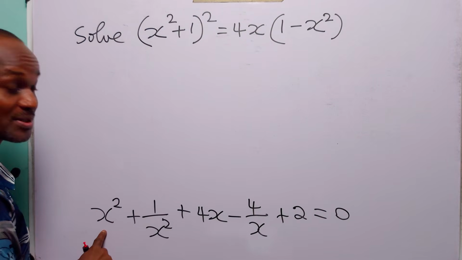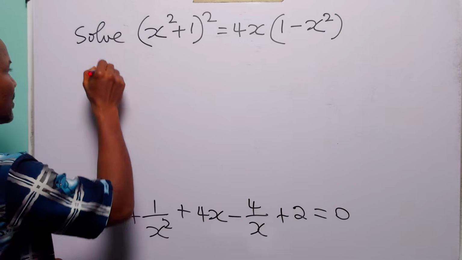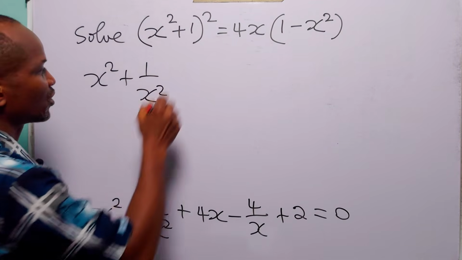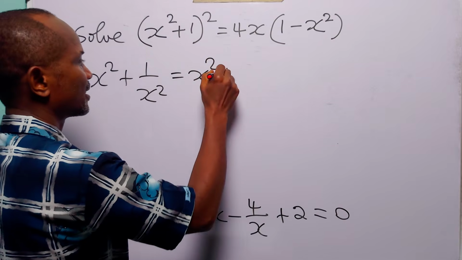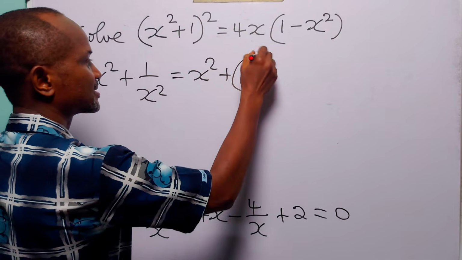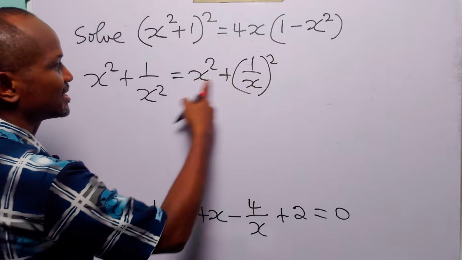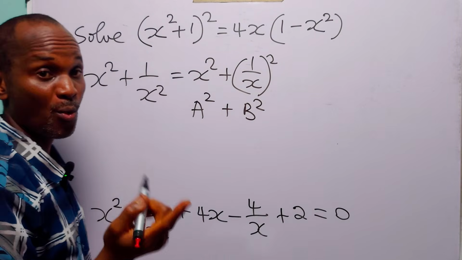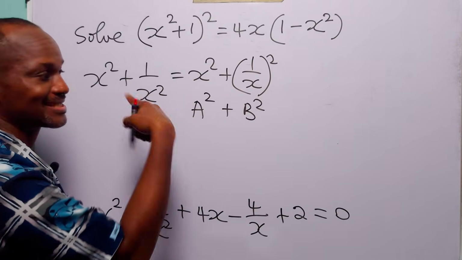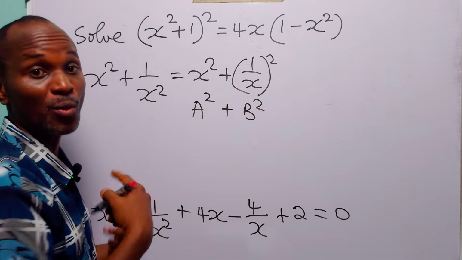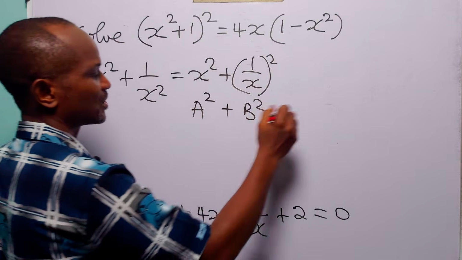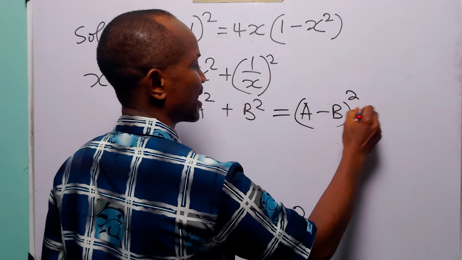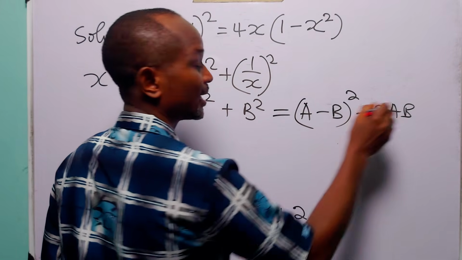Now let us look at these two terms. We have x squared plus 1 over x squared, which of course is equal to x squared plus (1 over x) squared. Now this is in the form a squared plus b squared, where a is equal to x and b is equal to 1 over x. Now remember that we can also write this as (a minus b) squared plus 2ab.